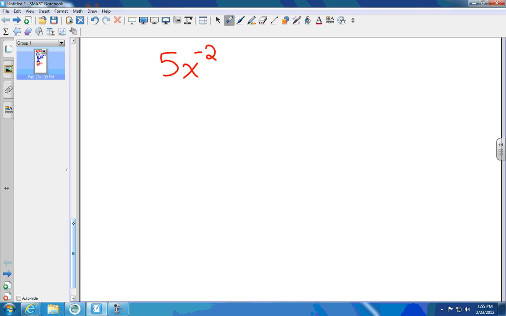We got 5 and we got x to the negative 2. We said this needs to be moved. What's left in the top? The 5. The 5 stays right where it's at. We move the x to the negative 2 to the bottom so that it becomes positive.